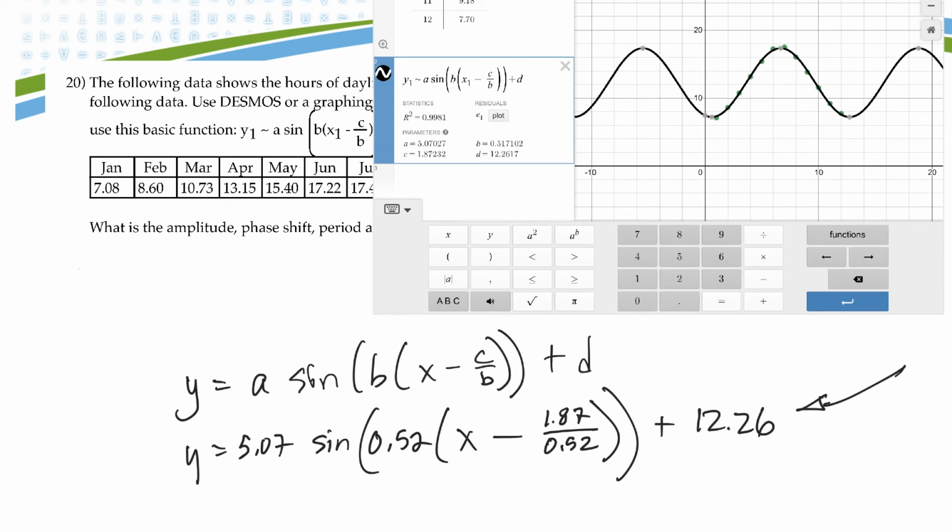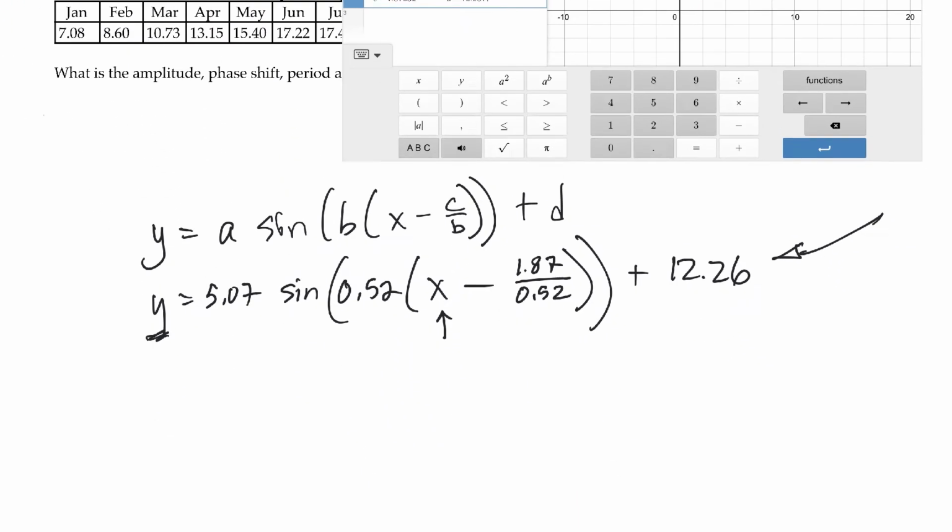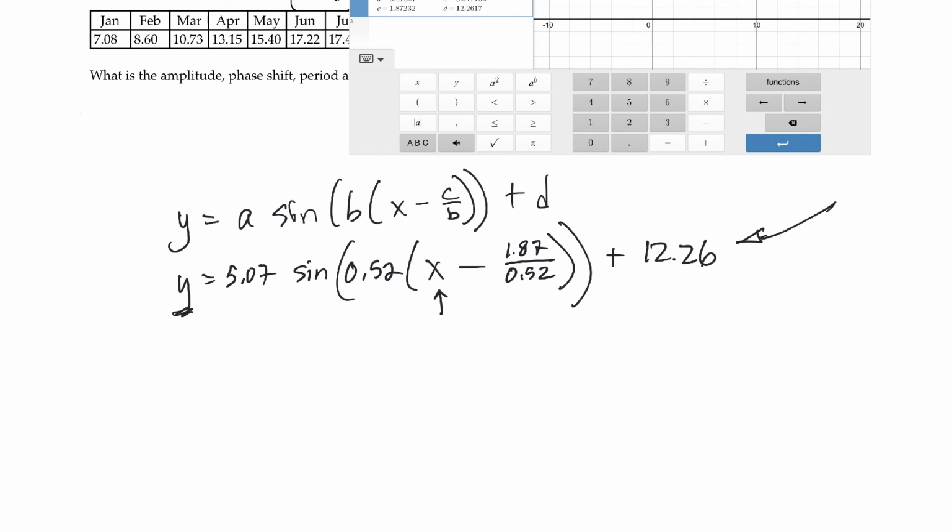Okay, so this function models that data, and I could ask questions about it. Like I do on question number 21, I could ask what is the value of y when I plug in a certain number for x. In this case, though, I'm just asking for the amplitude, phase shift, period, and vertical translation. So the absolute value of A, or the absolute value of 5.07, is 5.07, that's my amplitude.